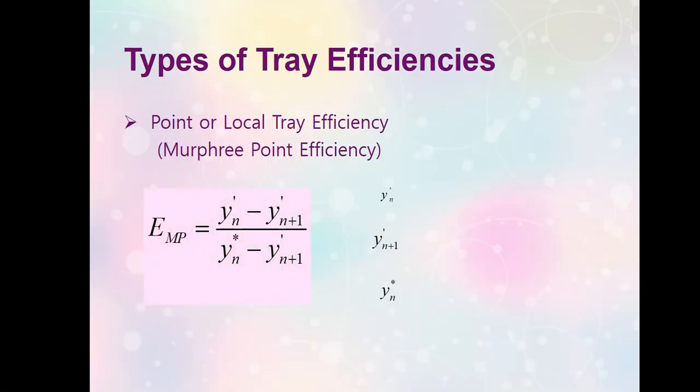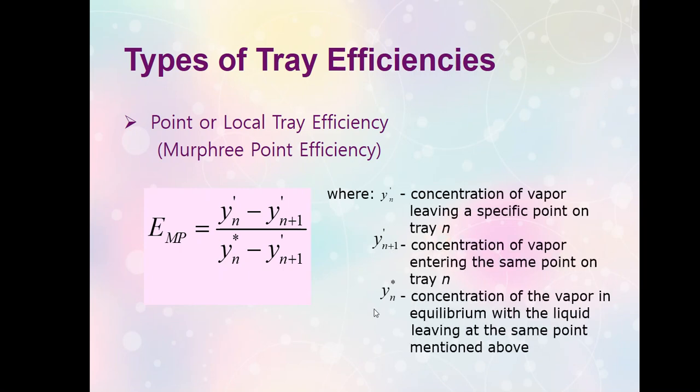What about the Murphree point efficiency, or the point or local tray efficiency? So in terms of subscript, you have the P already added to the M. Now you still have the y's, just like in the previous formula, but this time it's prime. Why do you think it's a prime?